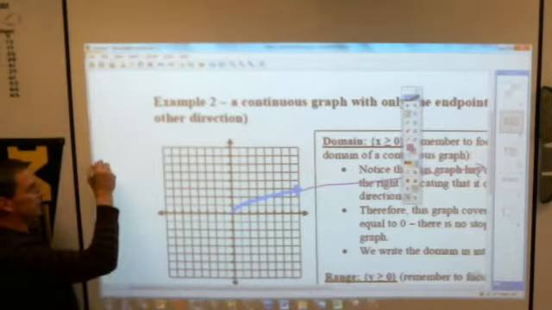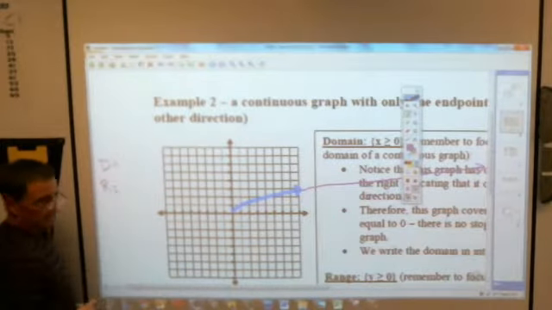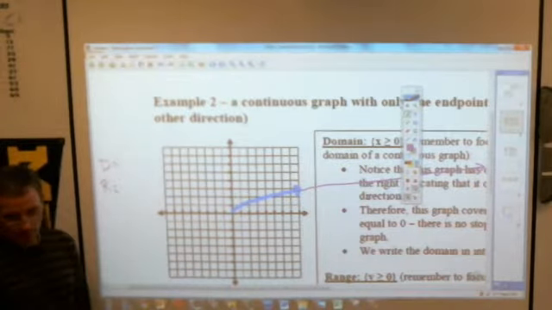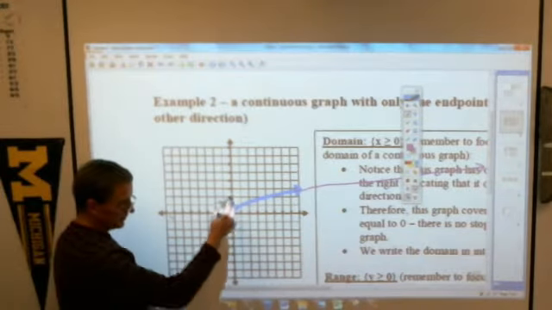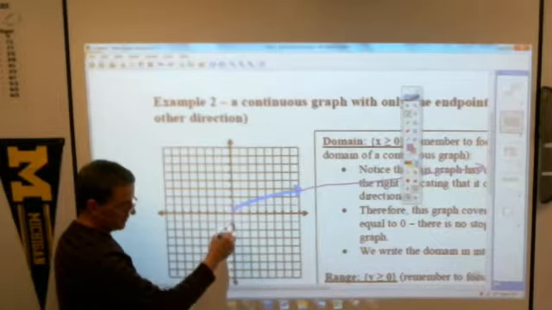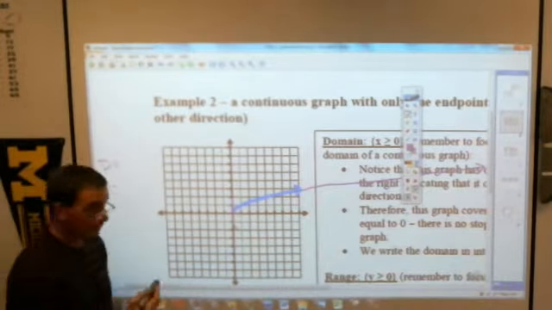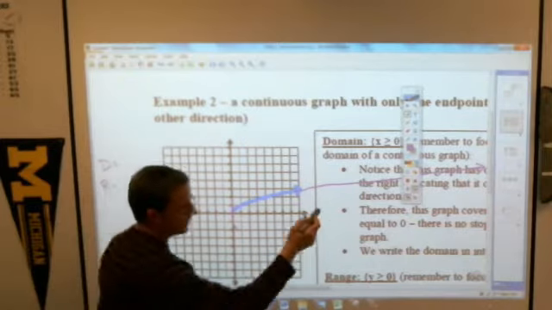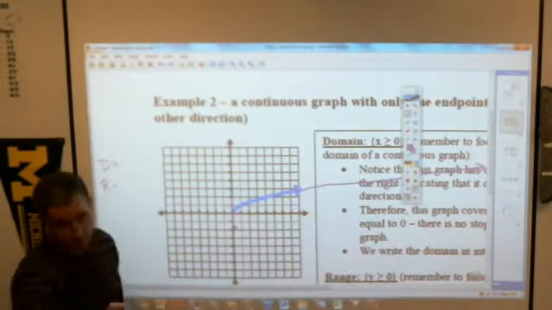So let's think about that. Here's my domain, and here is my range. Domain is what? X values. Well, my x on my x-axis, where does it start? It starts right here, correct? Where does it end? This arrow means it's going to go forever to the right, but it does have a starting point.